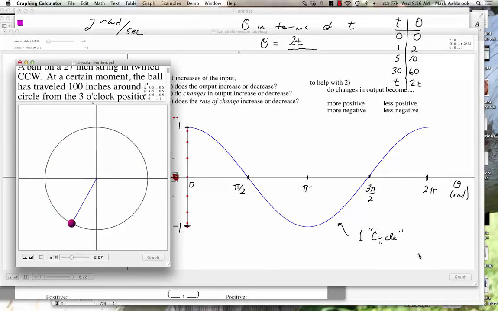And what interval of input results in one full cycle of output values?